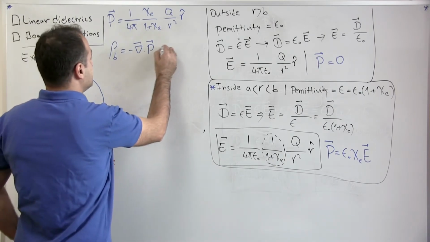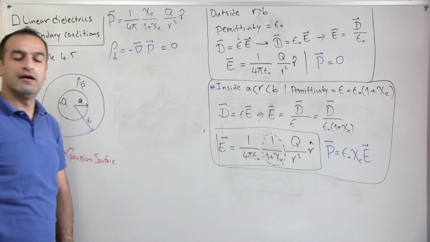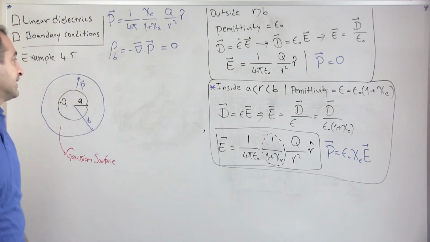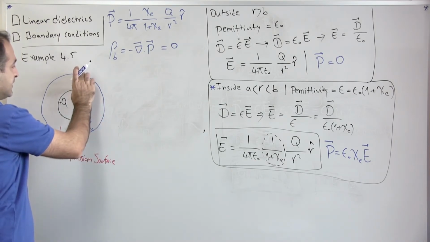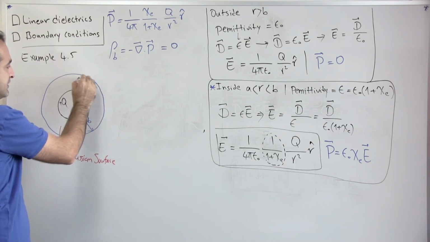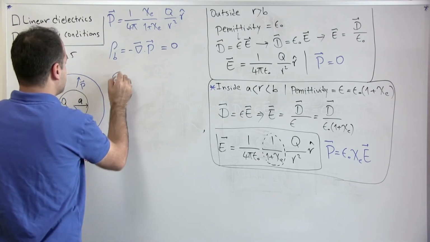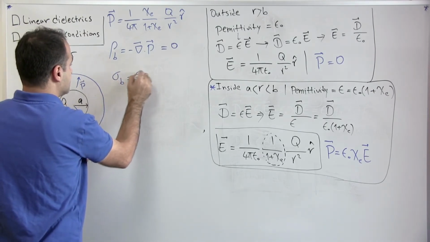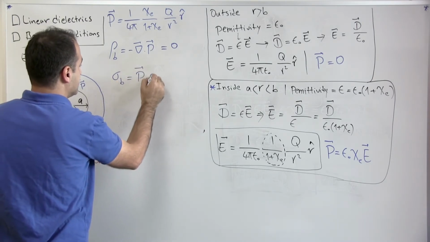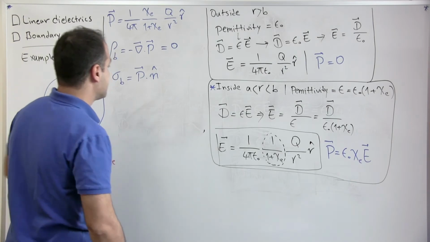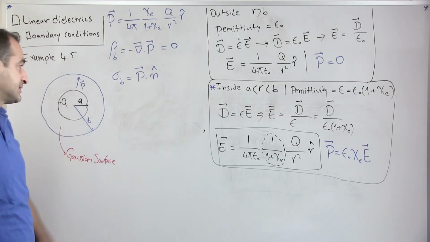So there is no volume accumulation of bound charges. But what else we have is accumulation of surface charges on the outer surface and on the inner surface here. And sigma B, the surface bound charge density, is P times n hat, in general. N hat is the unit vector perpendicular to the surface.